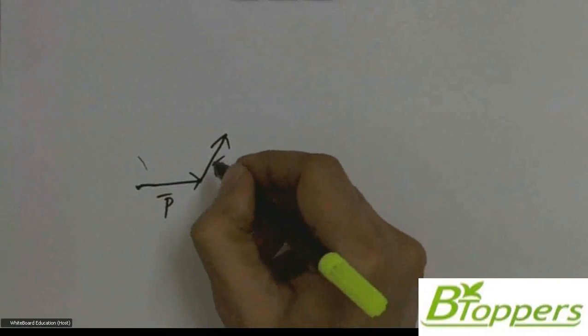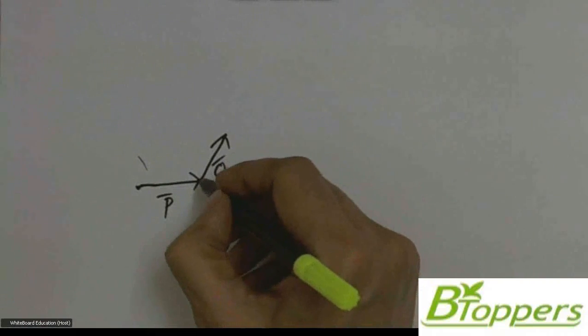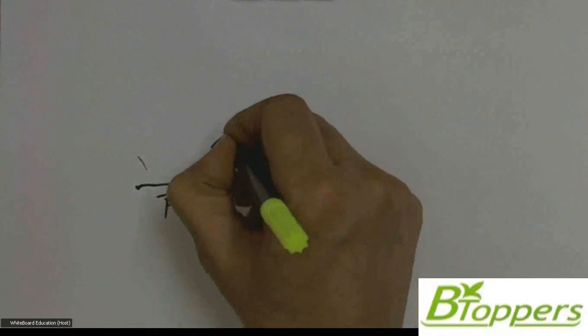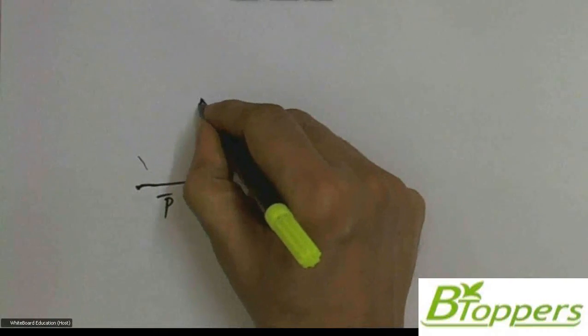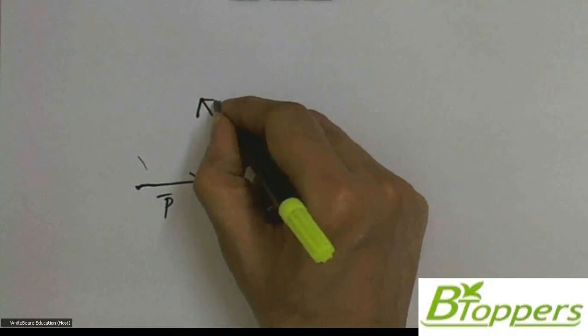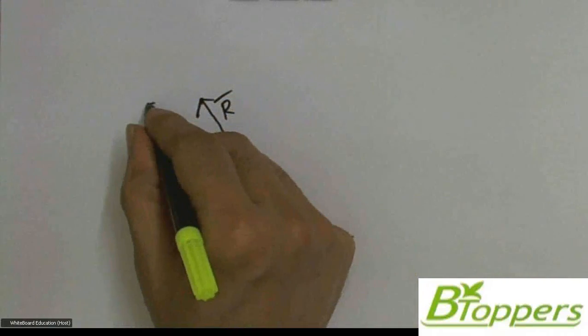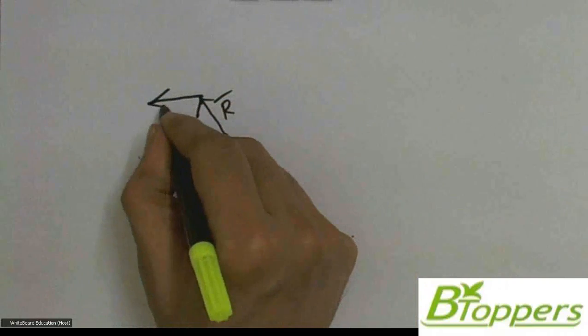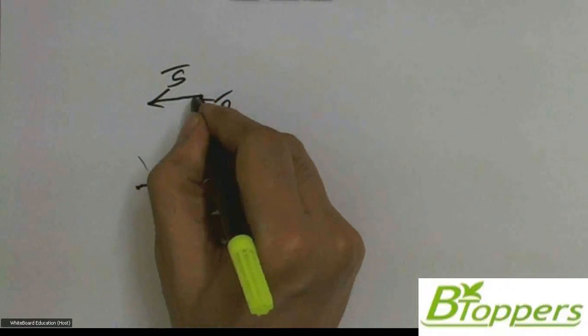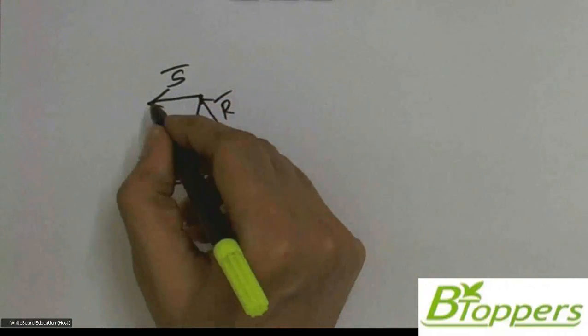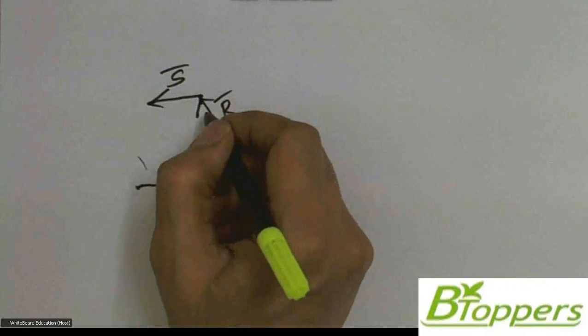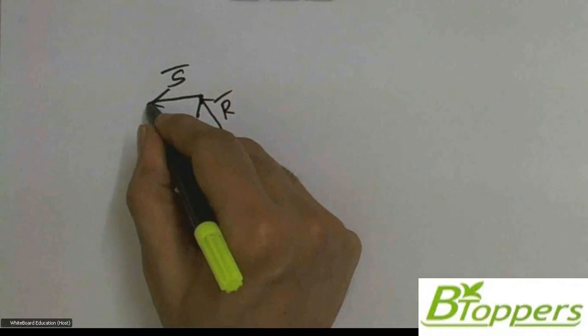Let Q bar represent the second displacement given to the particle. That means it moves from here to here. Let R bar represent the third displacement given to the particle. Next, the fourth vector S bar. That means we are representing all the vectors in the same order.